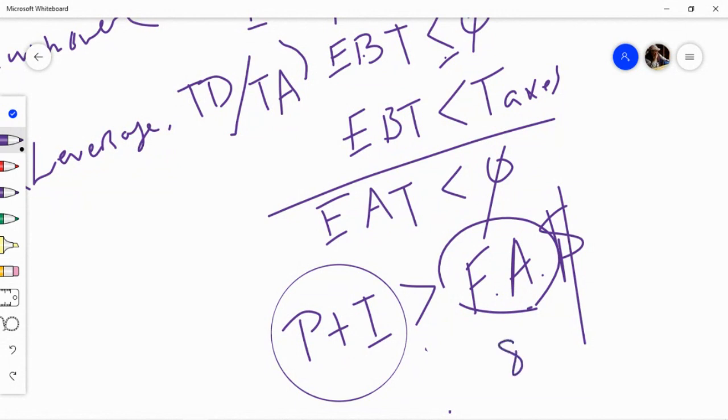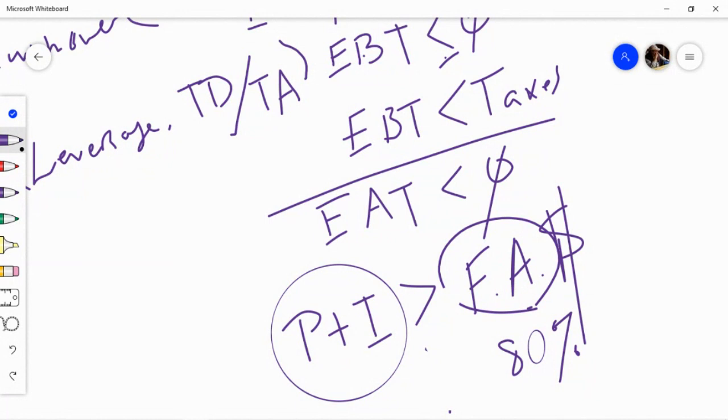If you liquidate the fixed assets and they are at least like 80% of this, they may go ahead and get a Chapter 7 bankruptcy judgment, and they sell and at least recover 80%. If they can recover fully 100%, they will do that.